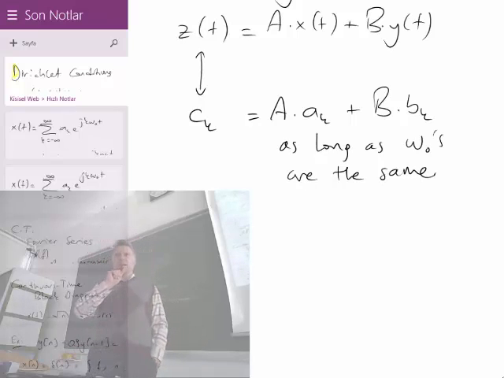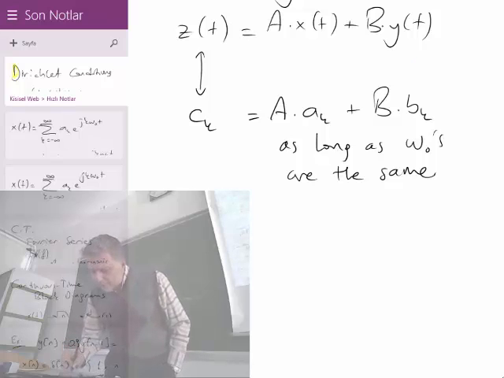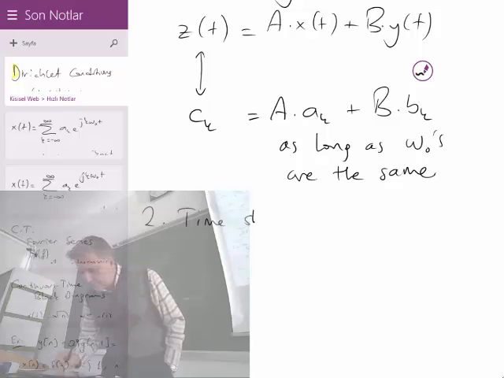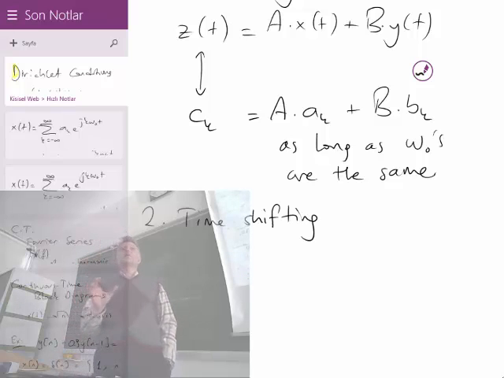Now, using the linearity property and this new property that I will say, which is time shifting, I can construct a lot of exam questions. Because you already know the Fourier series coefficients of the rectangular pulse. Okay?